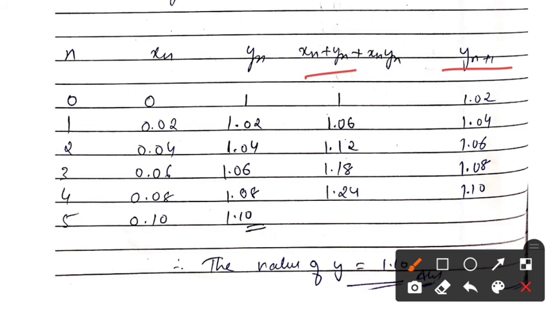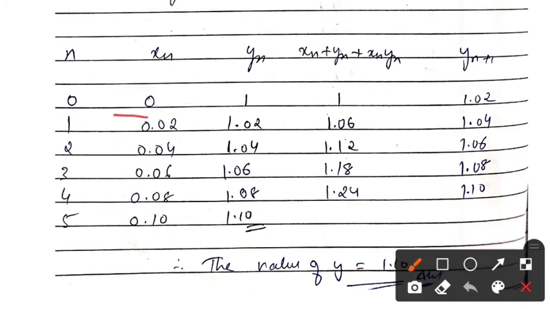So n I have to start from 0. You have to go up to 0.1. You have to take 5 intervals. How many you have to take? 5 intervals. So from 0 to 0.1, I have to write 0.02, 0.04, 0.06 and 0.08. There are 6 values, but intervals are 5.